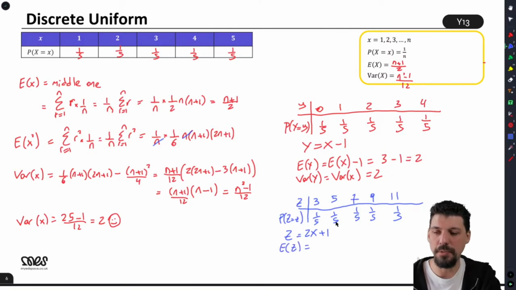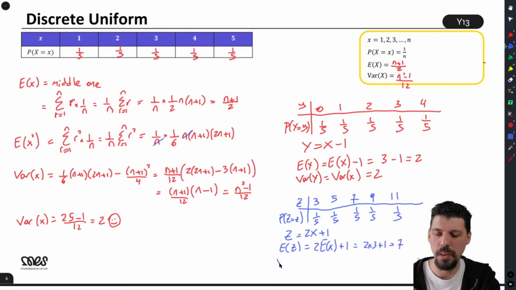So the expected value of this, we would expect it to come out as 7, the nice middle value here. So that is 2 times E of x. What do we say? E of x was 3. So that should be 2 times 3 plus 1, which is 7, which makes sense.